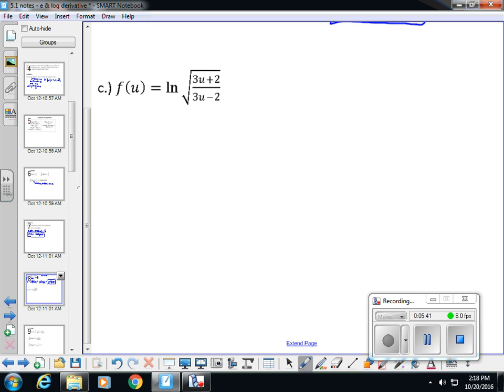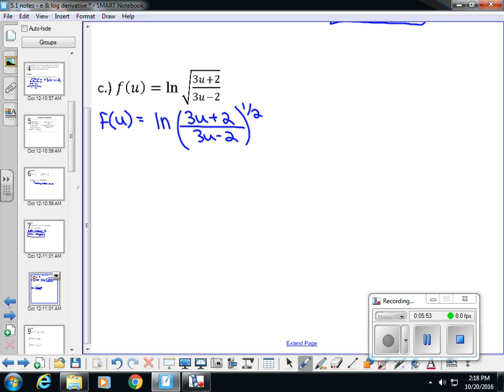All right, for C, first I would probably rewrite this before I try to find the derivative. So I'm just going to rewrite it so that f of u is really just the ln of 3u plus 2 over 3u minus 2, the whole thing to the 1/2. Then what I'm going to do is actually rewrite it by using my power rule. So I'm not doing derivative yet. I'm simply using all of my ln rules.